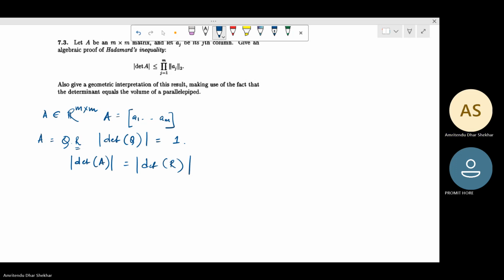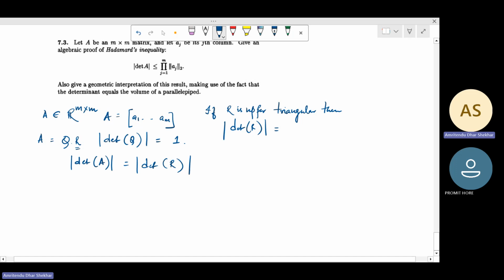If R is upper triangular, then the determinant of R in norm is equal to the product of its diagonal entries. This is easily checked. So now, what are the diagonal entries of R?